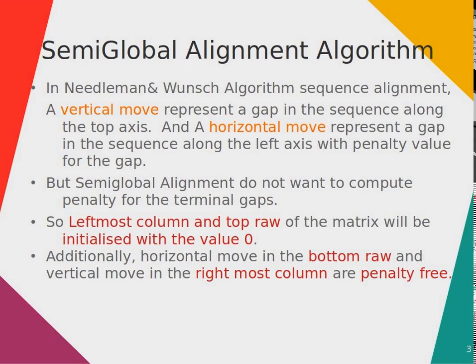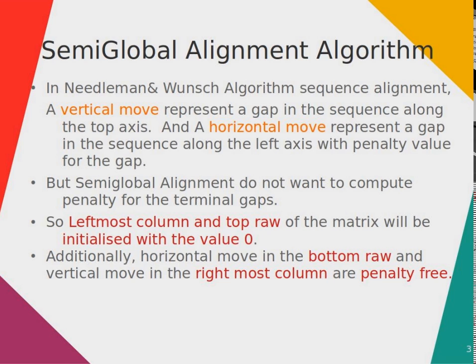So let us understand the difference in semi-global alignment compared to the Needleman-Wunsch algorithm. In the Needleman-Wunsch algorithm, a vertical move represents a gap in the sequence along the top axis, and a horizontal move represents a gap in the sequence along the left axis, with a penalty value for the gap.